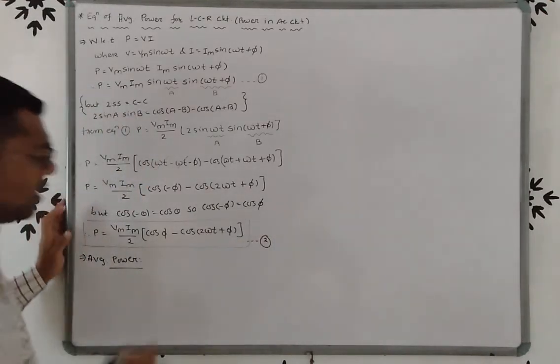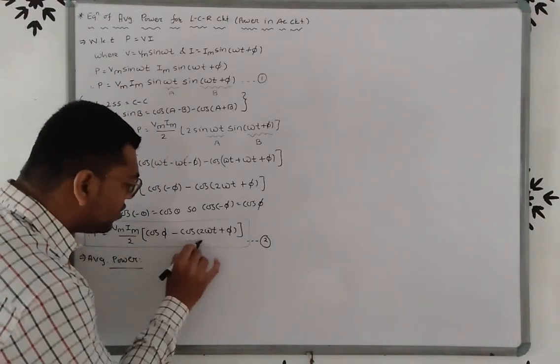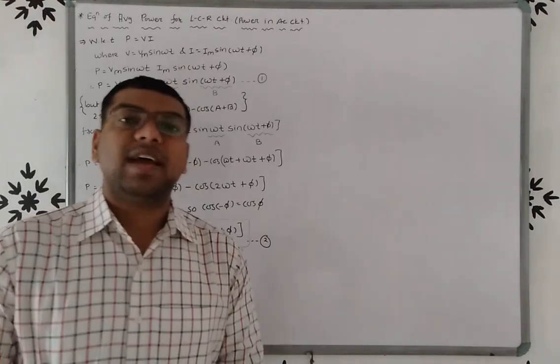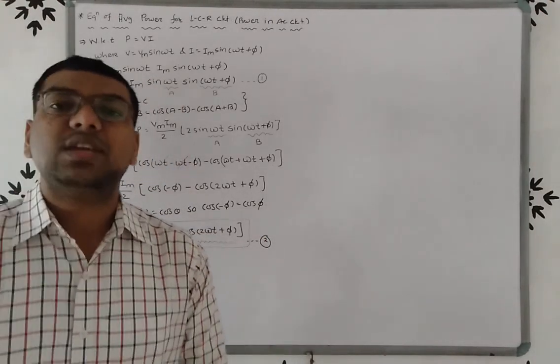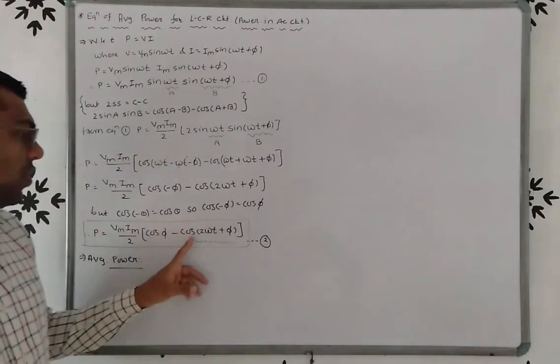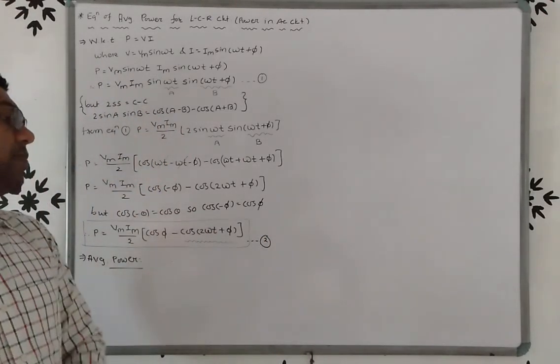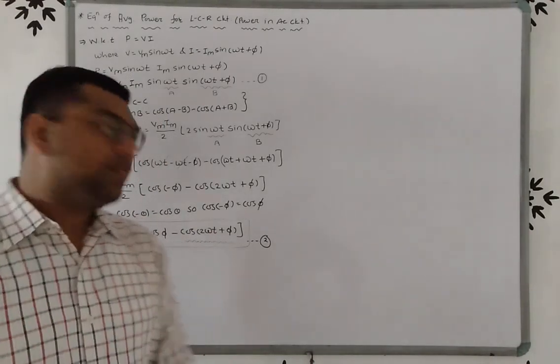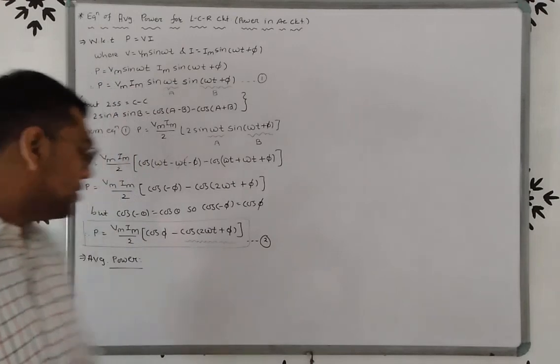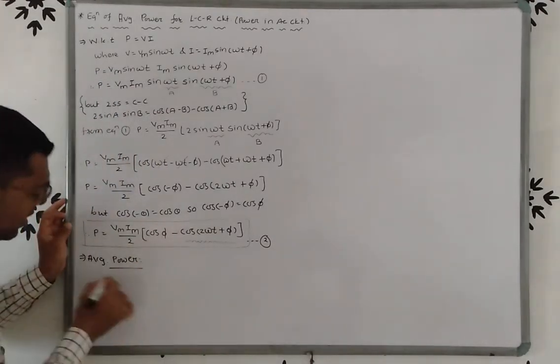So here the average value of cos 2 omega t plus phi is equal to 0. You have to remember, friends, the average value of cos 2 omega t plus phi is equal to 0.